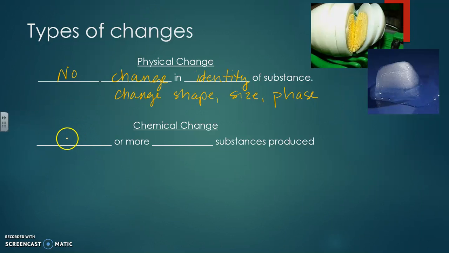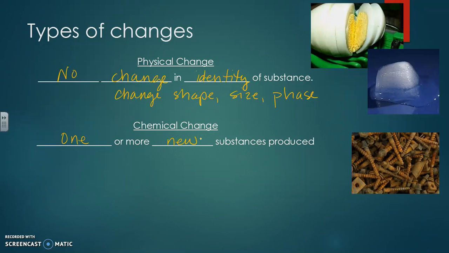All right, a chemical change is when one or more new substances are produced. So it does change identity. An example of this is these screws and nuts and bolts here. They've rusted, which means that the metal they were made of isn't the same metal anymore. It's actually changed. It's a new compound.